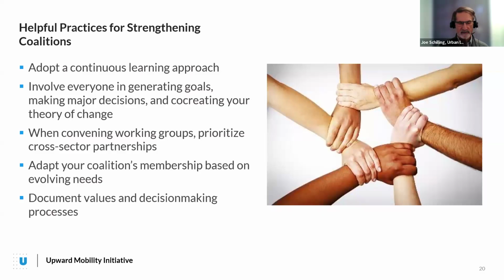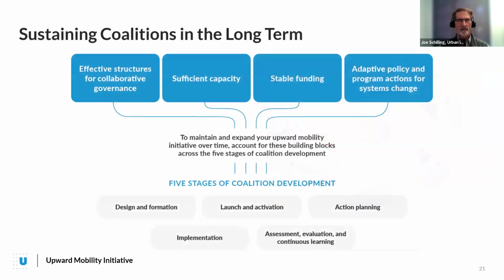And final slide, just to try to pull all of these pieces together. We call this the building blocks of sustaining a coalition. Changing the trajectory of your community's upward mobility efforts is not going to happen overnight.